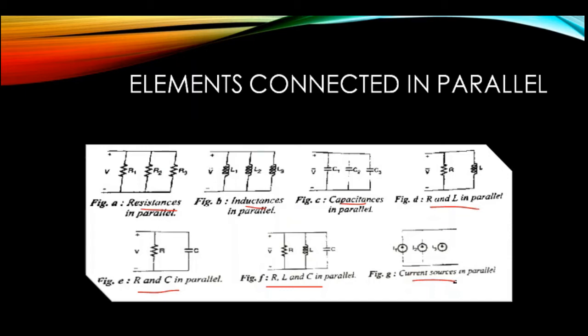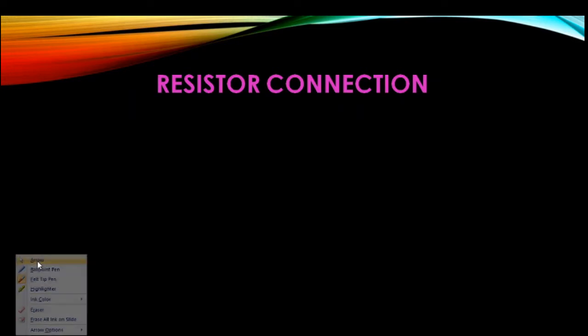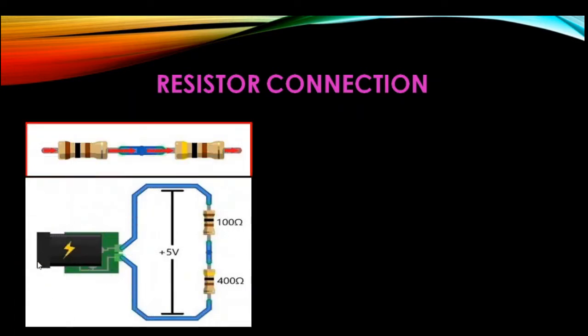Now let us see the resistances connected in series and parallel. Here I have two diagrams. In the first diagram I have two resistances, R1 and R2. Each resistance has two terminals. Now how do I determine whether a connection is a series connection or a parallel connection?